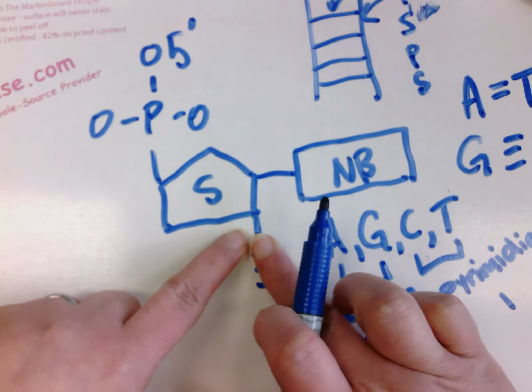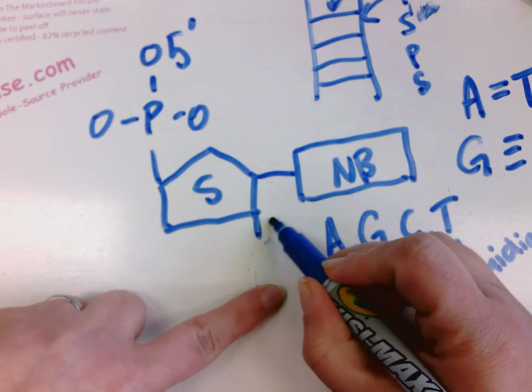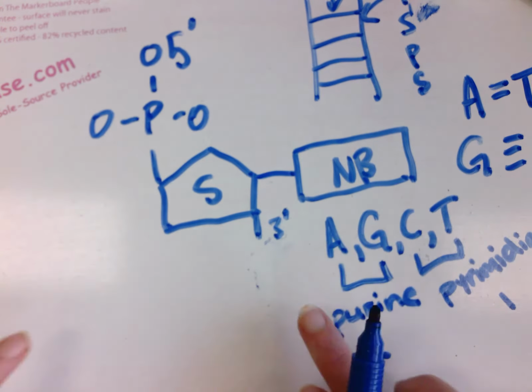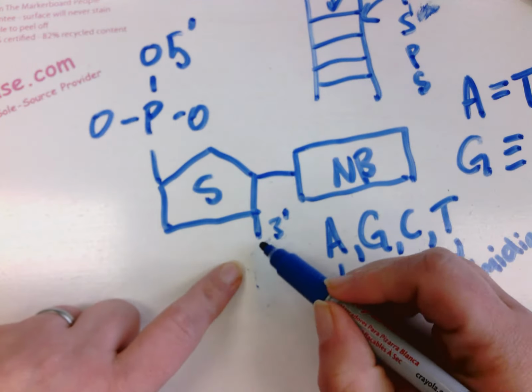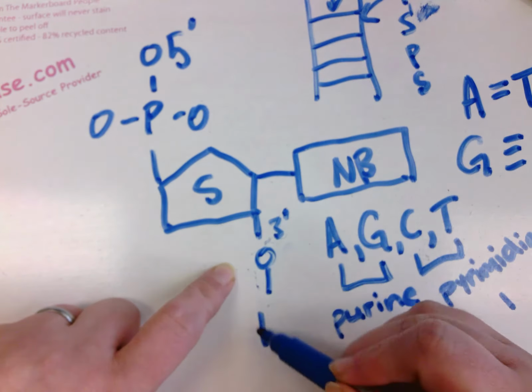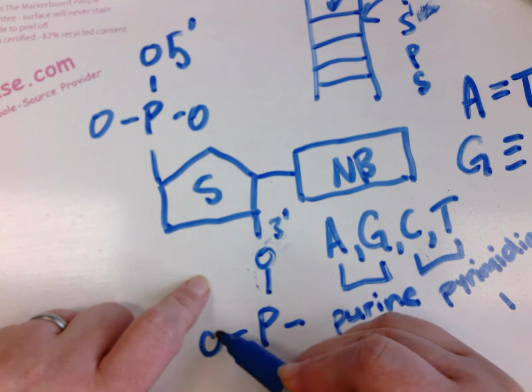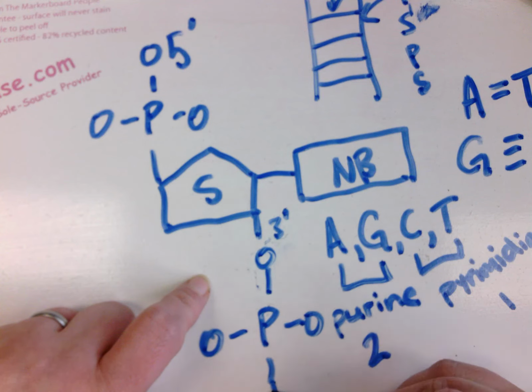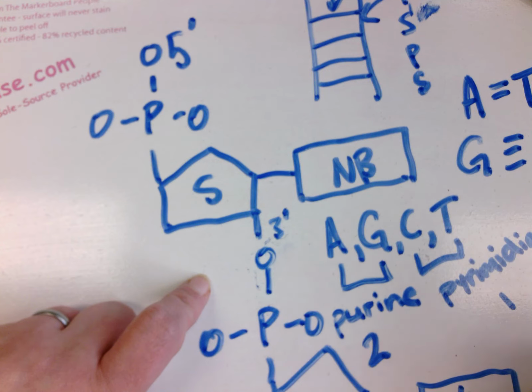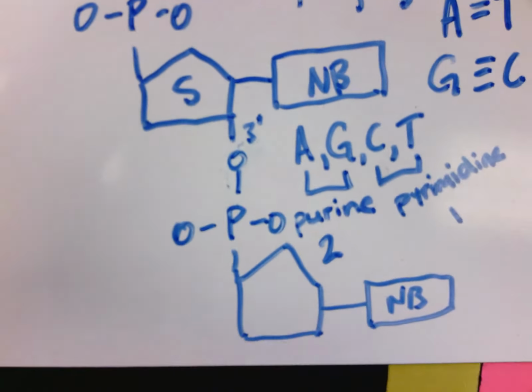The 3' end of one nucleotide, I'm just going to draw that smaller so I have a little more room, is going to attach to the phosphate. Remember, the phosphate is the 5' end of the next nucleotide down. So let me draw that real quick, and then I'll make sure that it gets on the board. There you go, like that.